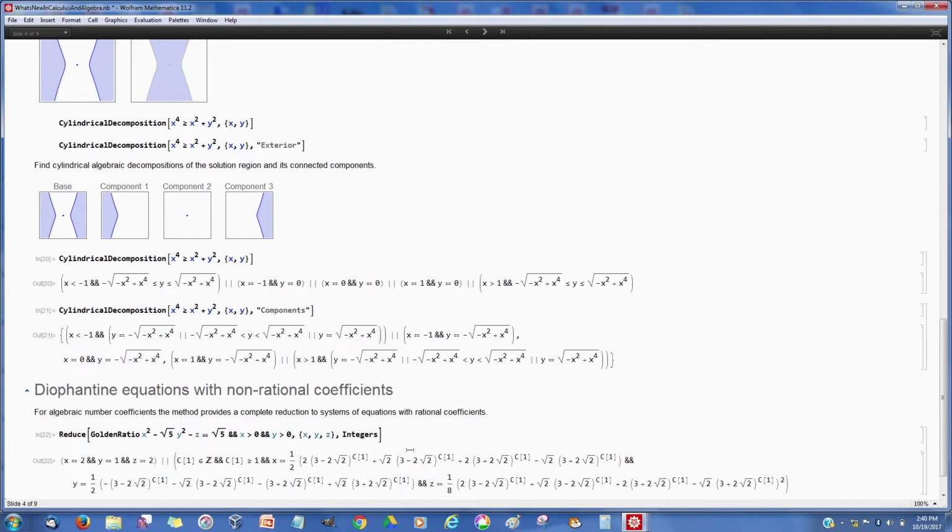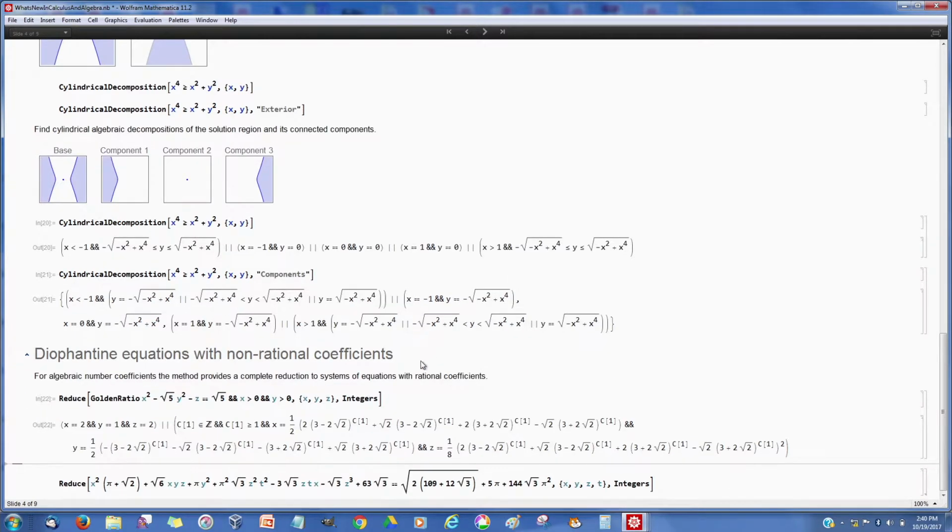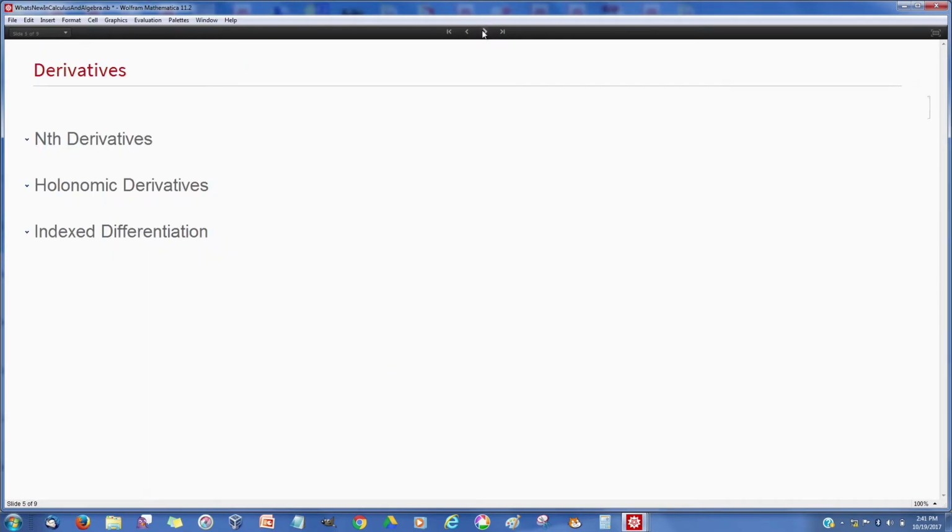And here's an example. This single equation reduces to a composition of a Pell equation with a linear equation, and here's something more complicated. One complicated equation reduces to a system of equations that's actually quite easy to solve.